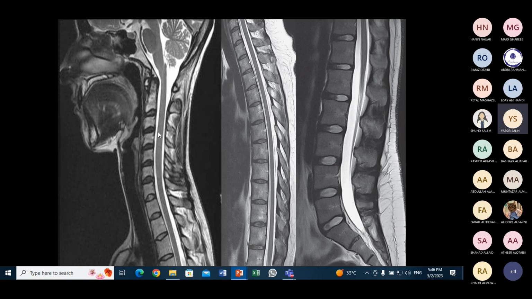MRI for which part? For which vertebral body spine part? Type cervical. Which plane? Is it coronal, sagittal, or axial? Sagittal. Sagittal. Which sequence?